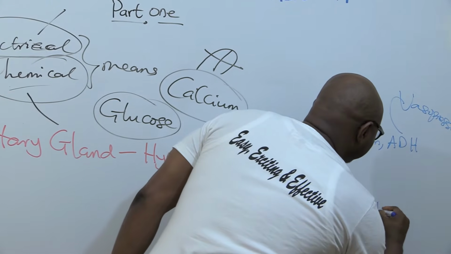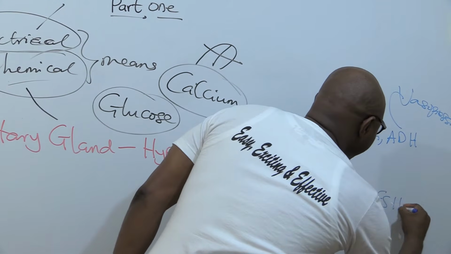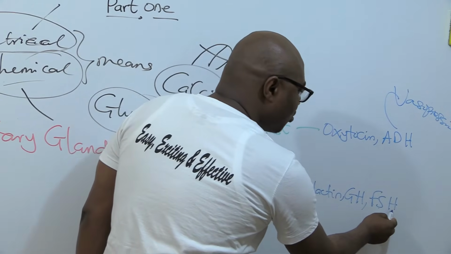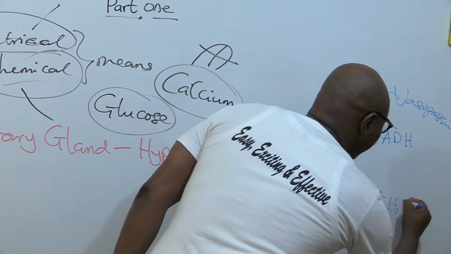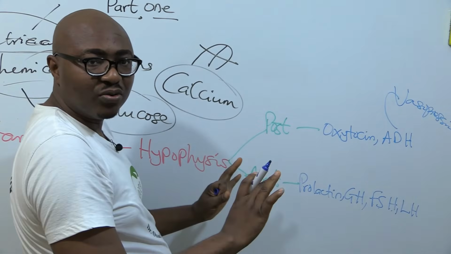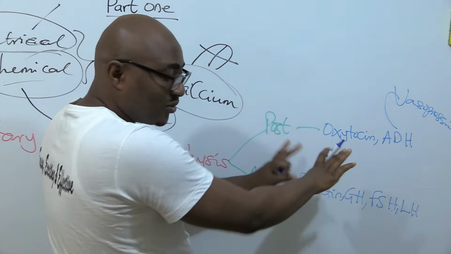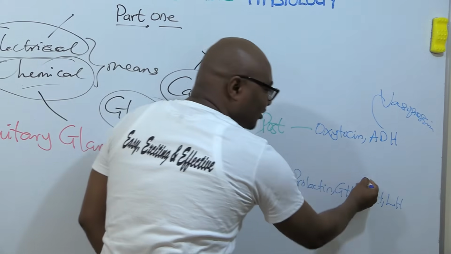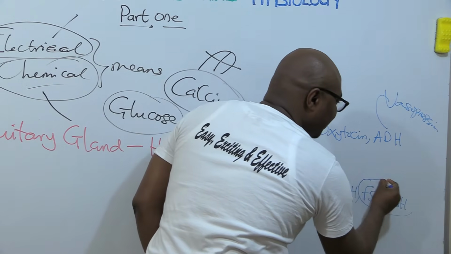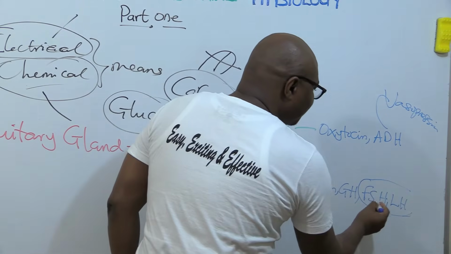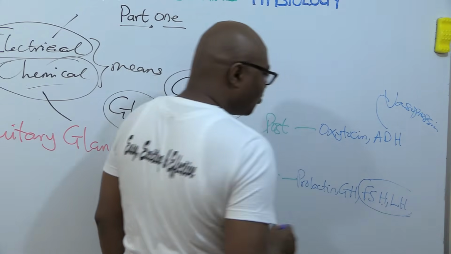Then you have FSH, follicle stimulating hormone, and LH, luteinizing hormone. I'm not going to deal with all of that, because specially we're going to deal with them in the reproductive system. This one has to do with regulation of reproductive function.